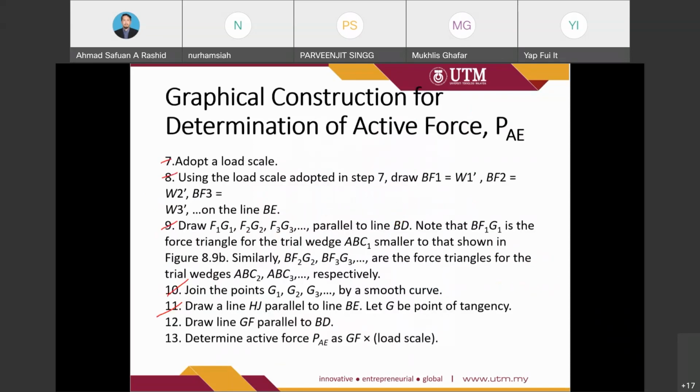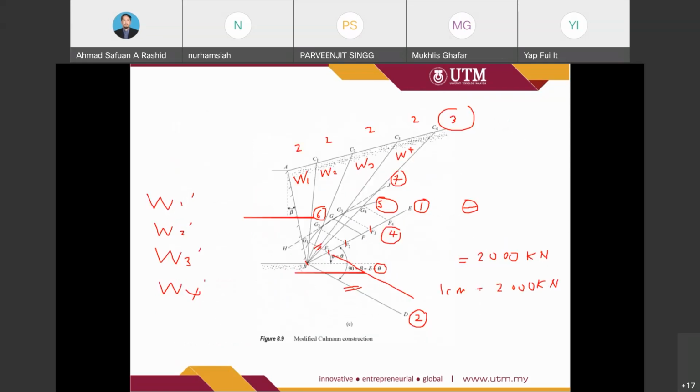Then draw line GF parallel to BD. So the last is, once we identify the tangent point, from here we need to draw a line until it meets the BE and is also parallel with the BD. So that will be the F value.